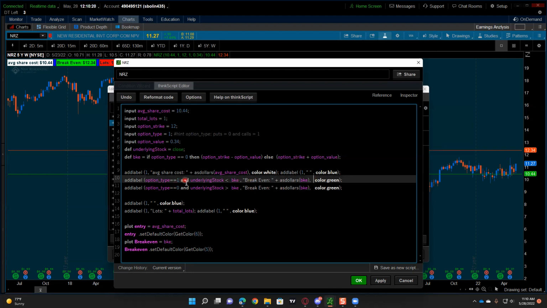I think we're getting it mixed, aren't we? We still needed two, one for the call and one for the put. If the underlying stock is less than the break even, then color green or else color red.